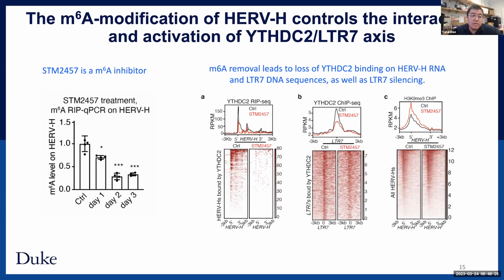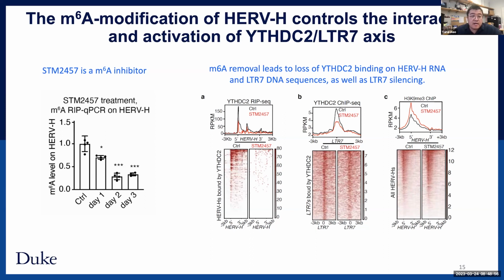So we took these human ESCs and performed YTHDC2 RIP-seq, ChIP-seq, and also H3K9 trimethylation ChIP-seq. From these results, we can clearly see that upon global removal of m6A, there is a reduction of YTHDC2 binding on both RNA and DNA sequences, and the removal of m6A from transcripts leads to epigenetic silencing of LTR7 sequences.